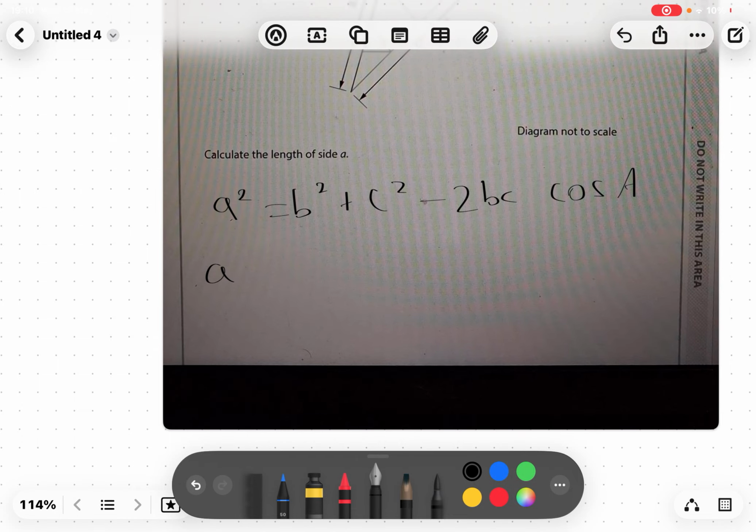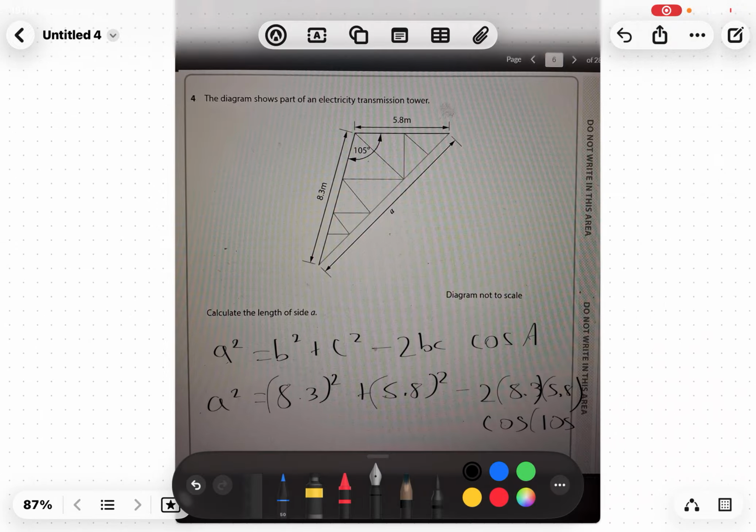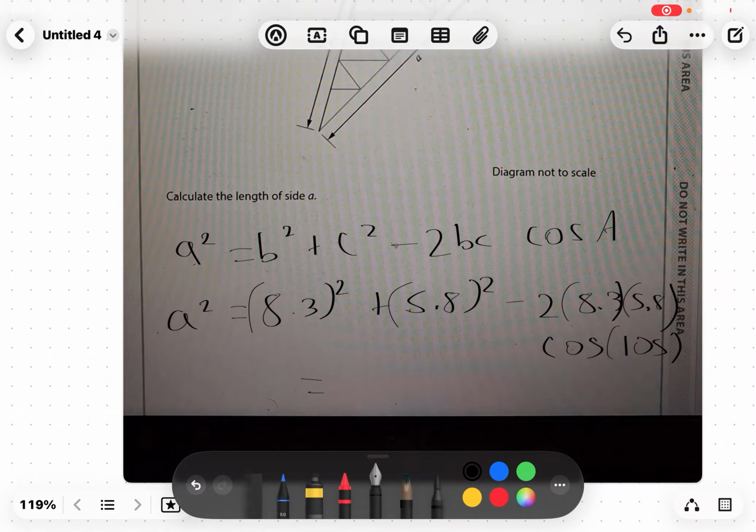Let's go. So a squared equals b squared plus 5.8 squared, take away 2 times 8.3 times 5.8, times cos 100, no, 0.5, yes, and all this gives us 127.49.